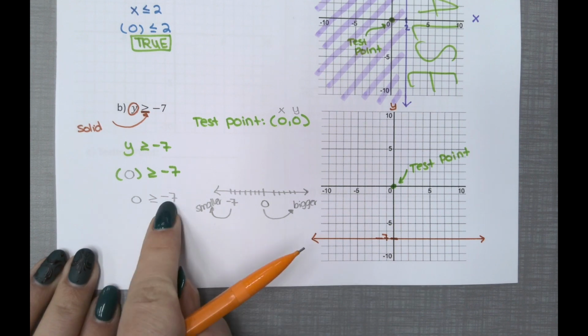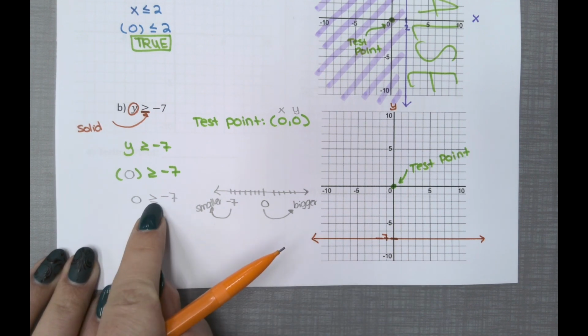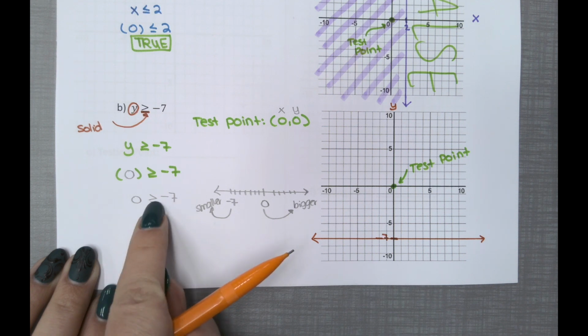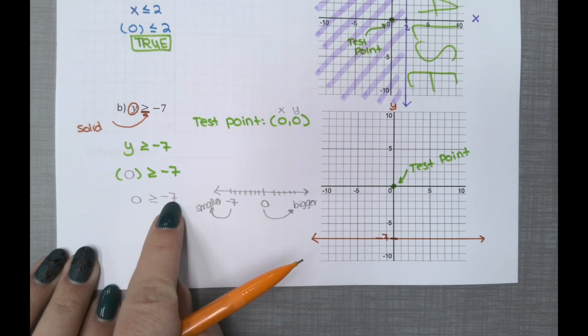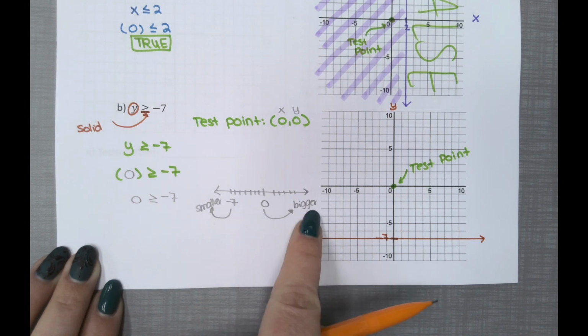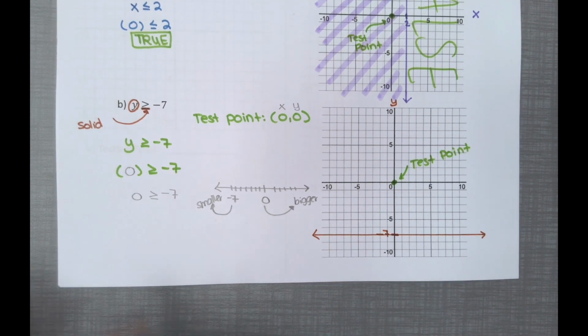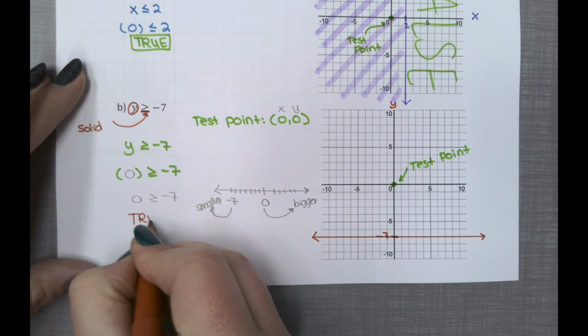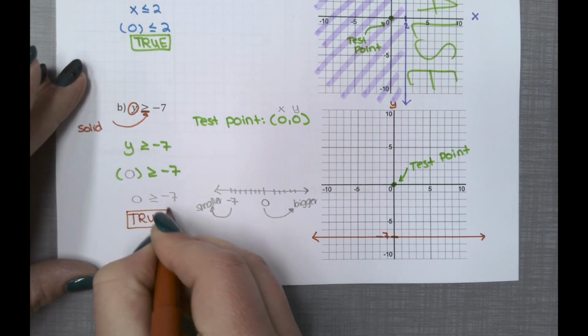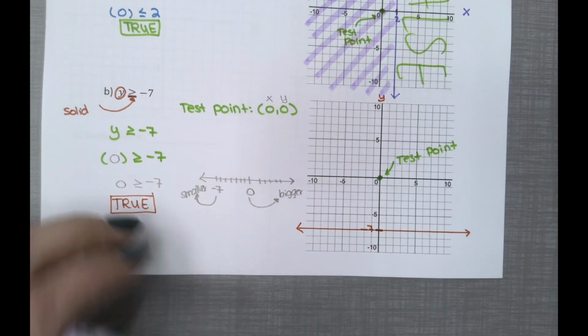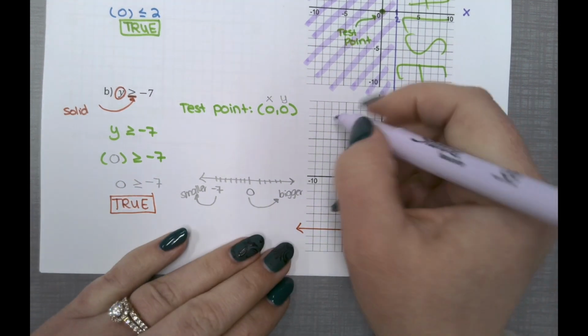So let's read this together. This says 0 is greater than -7. Is that true or is that false? 0 is bigger than -7. 0 is bigger, -7 is smaller. So this is a true statement. Because it is true, everything in this section above the line is going to be true.